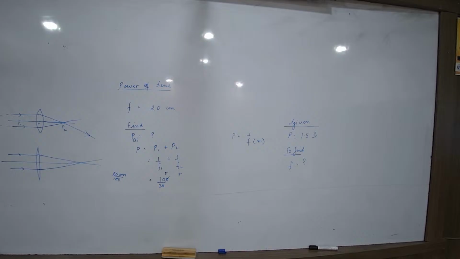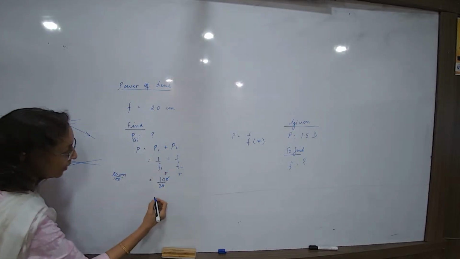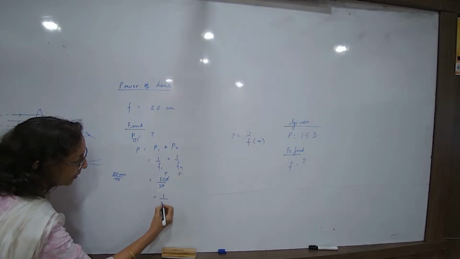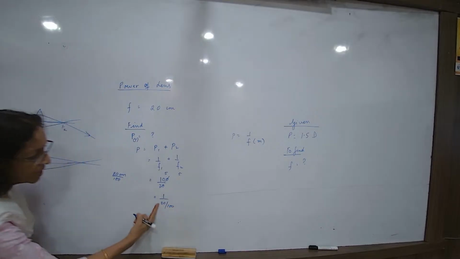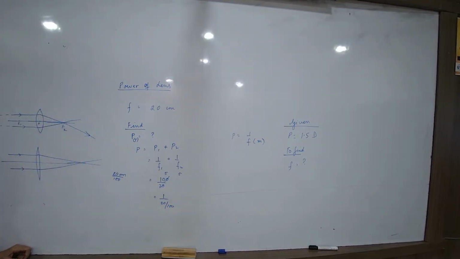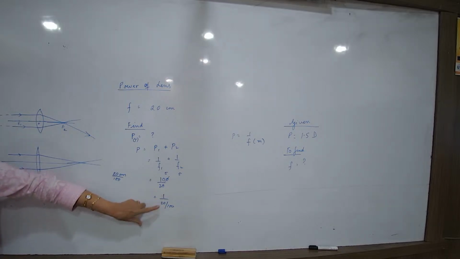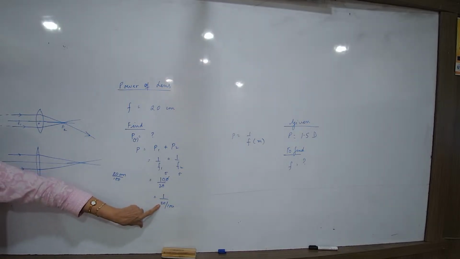Did you understand? So instead of writing 1 upon F as 1 divided by 20 divided by 100, 100 goes on the numerator, 20 remains here. That's a very simple method to do it.